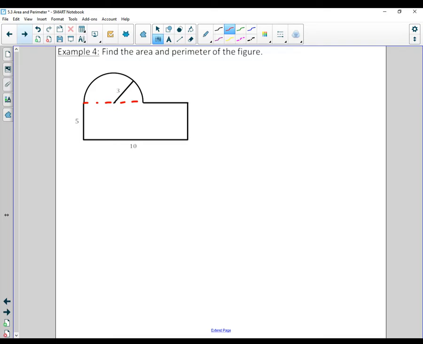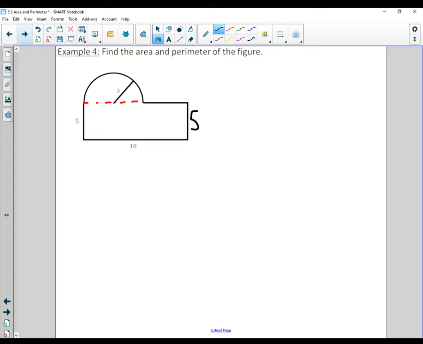What is this side? 5, right? We can fill in what we know. If that's 5, this has to be 5. What is this? We know this length. Whoever said 3 is maybe on the right track. You say 3. The radius is 3. Is this a radius or a diameter? Isn't the diameter just twice the size of the radius?